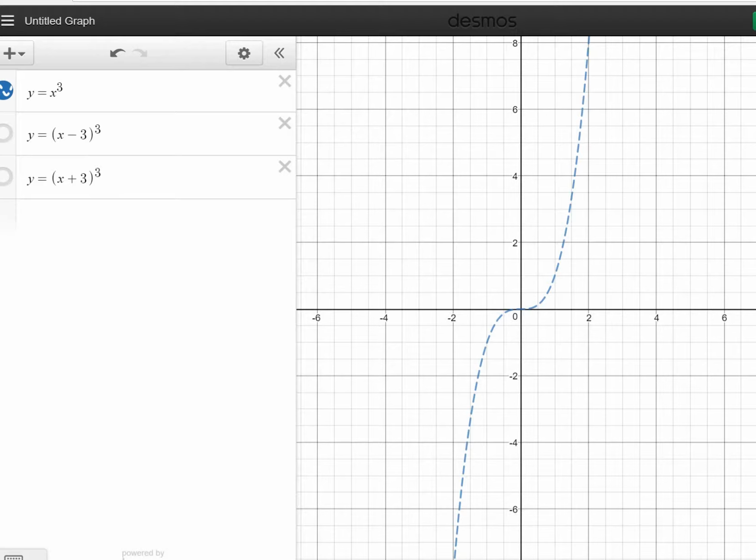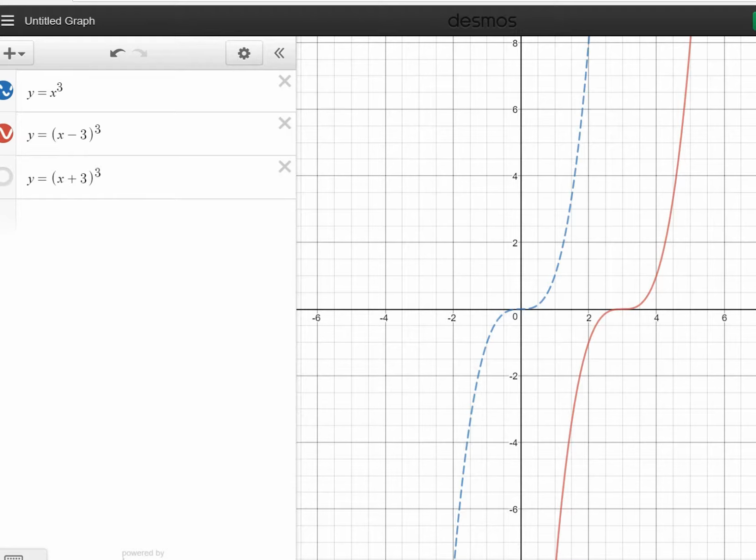The first one we're going to look at is x minus 3 all cubed. Which direction do you think this will go? It moves to the right. You might have expected it to go to the left if you were thinking, hey, there's a negative there, and negative is to the left.